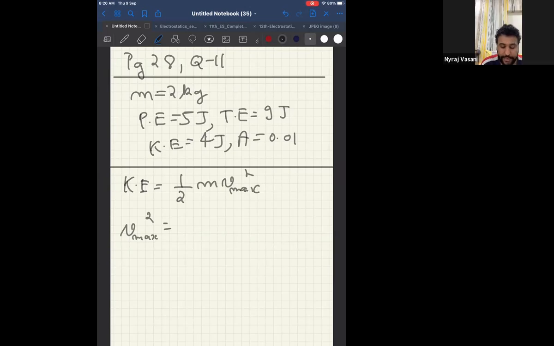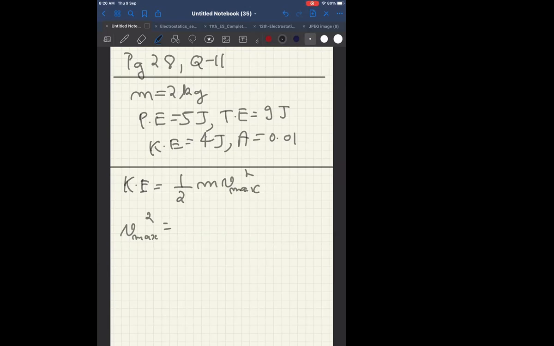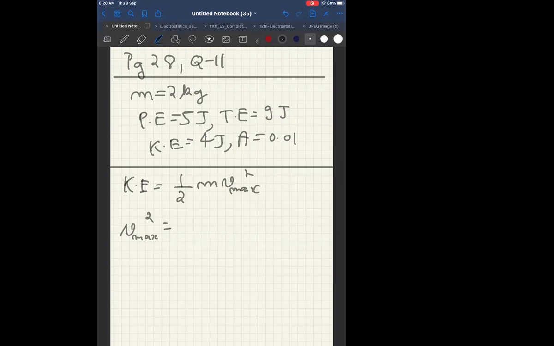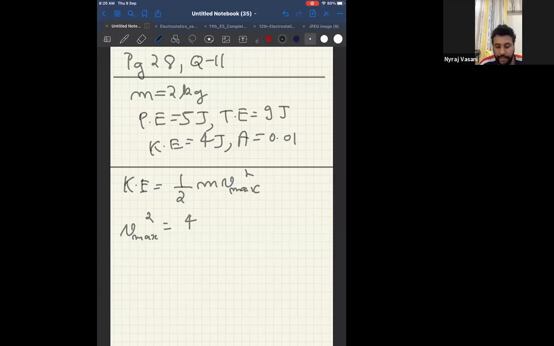A omega, but can I get the value? Because I know m, 2. I know KE, I know half. Now what is the value for v square max? V square max is 4. Check. Are you getting v square max as 4? Or from here, are you getting v max as 2? Check all of you.